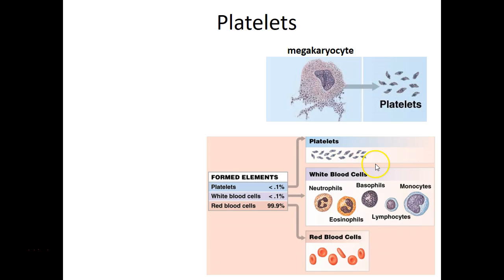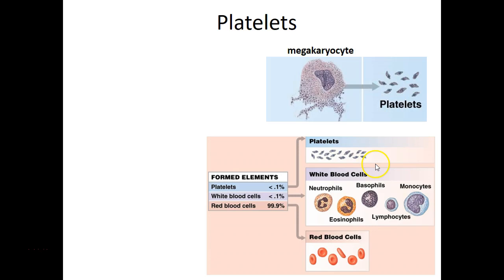So basically, platelets are just pinched off portions of this megakaryocyte. That's all they are. So you can see why now platelets are definitely not cells, but they're just pinched off versions of this cell, the megakaryocyte.